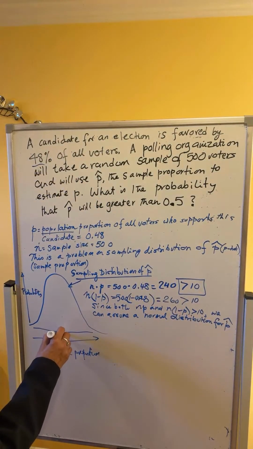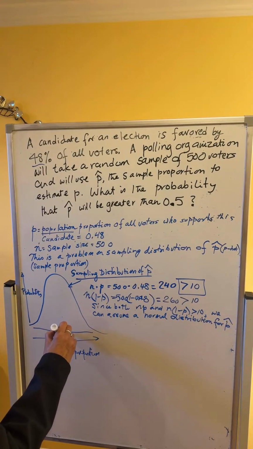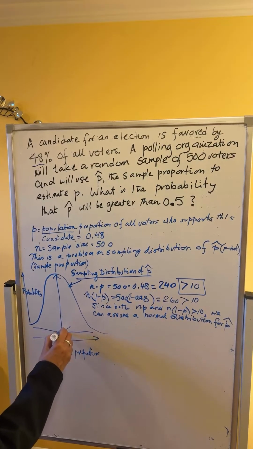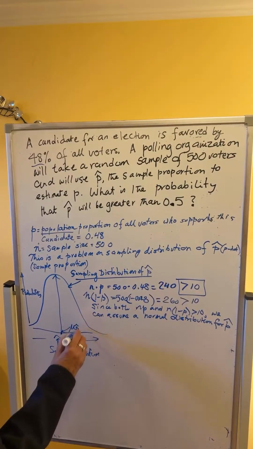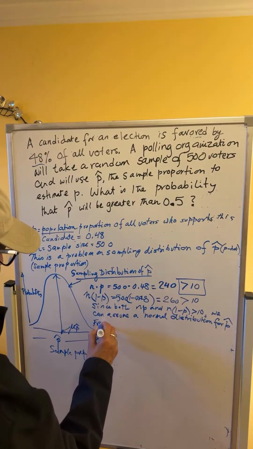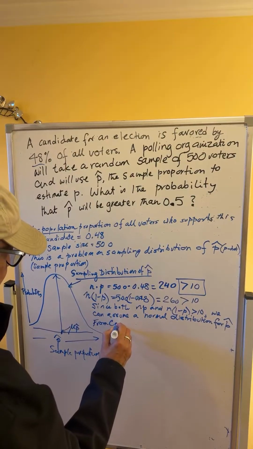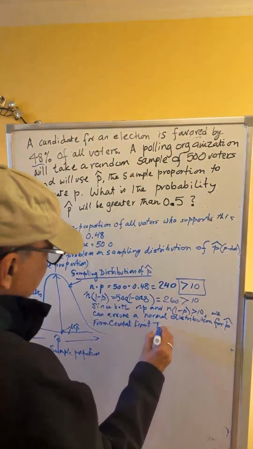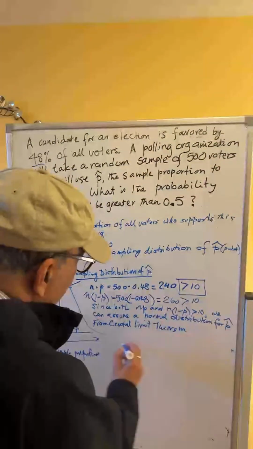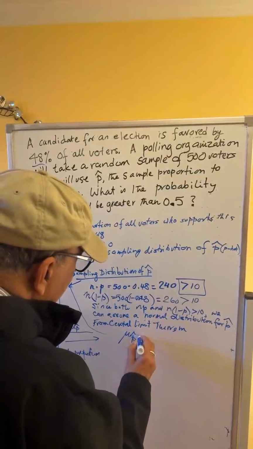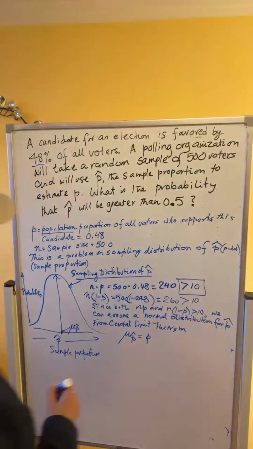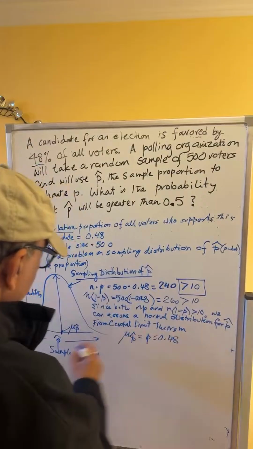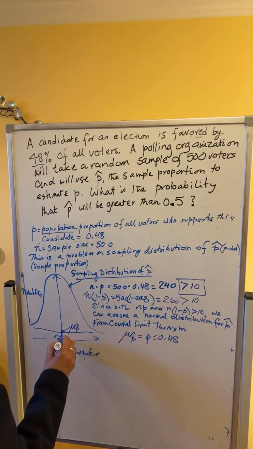Now the center of this sampling distribution of p hat, the value where the relative frequency or probability is highest, is mu p hat. Now from the central limit theorem for sample proportions, mu p hat equals p. Now p is given to us as 0.48. So mu p hat is 0.48.